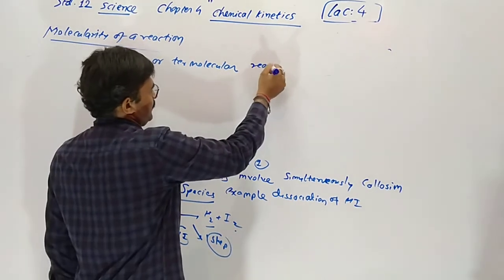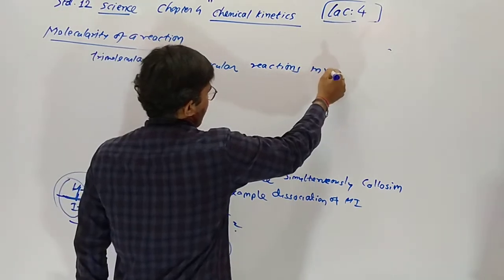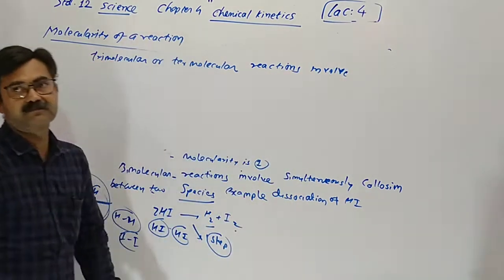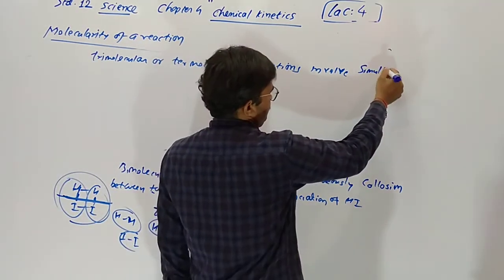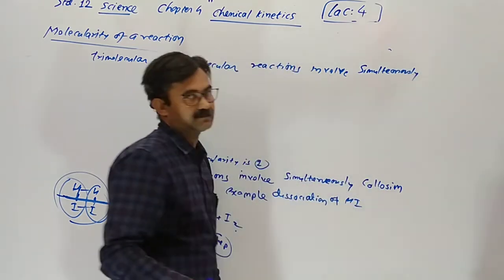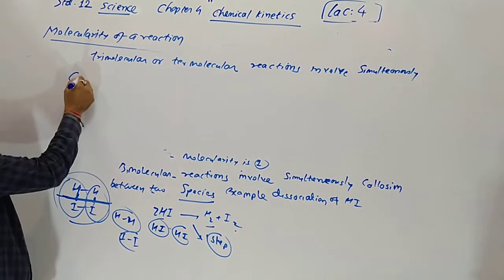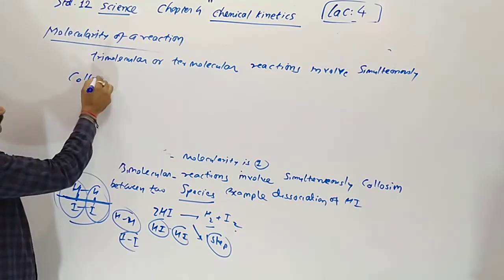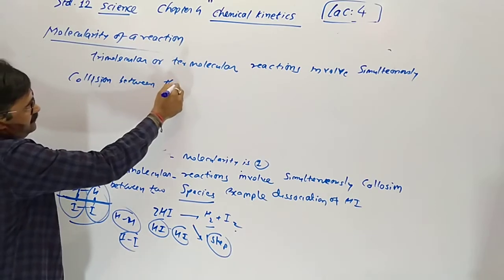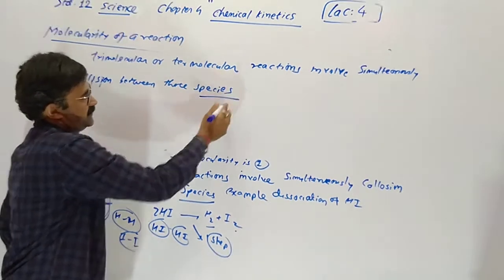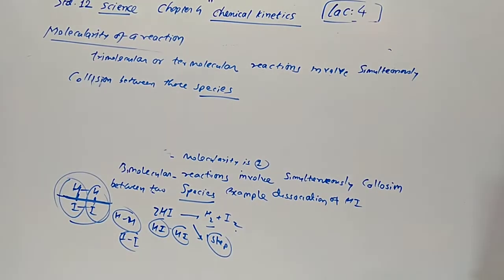Molecular reactions involve simultaneous collision between 3 species, means 3 molecules, 3 atoms or 3 ions involved. Hence reactions with molecularity 3 are very rare.